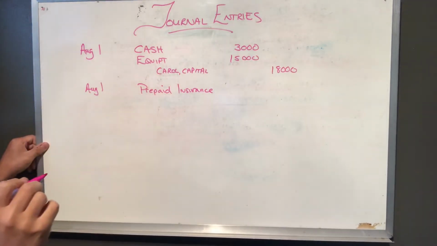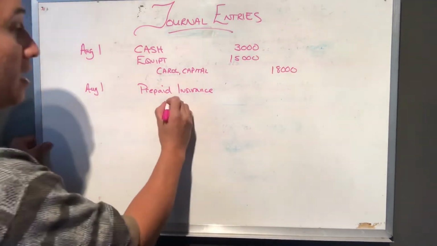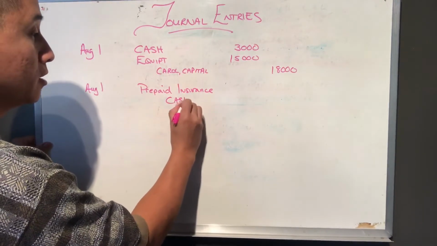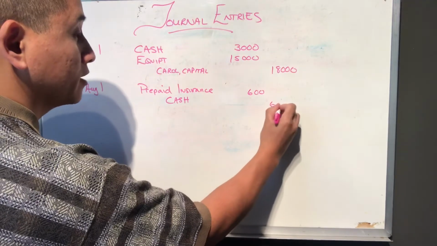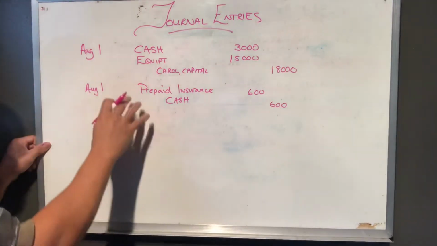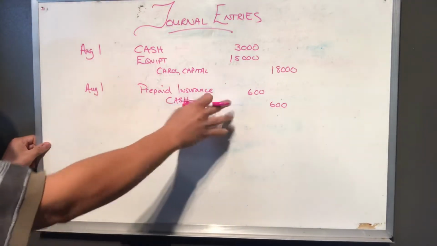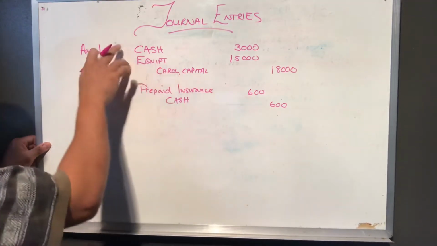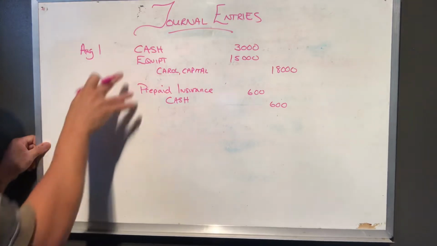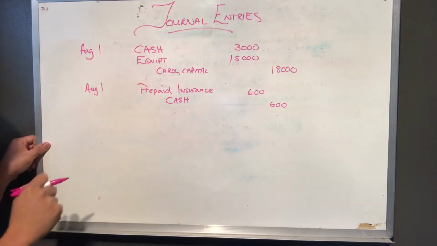Okay, and that would be $600 worth, and she paid it using cash. So $600 there, $600 again. Double entry accounting, it's balanced. Up here is a compound journal entry where it's 3 or more. Okay?